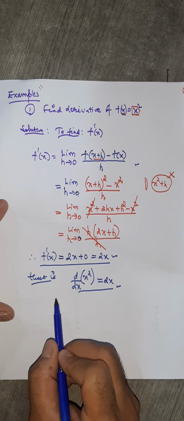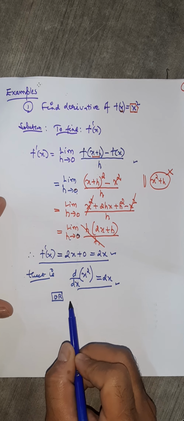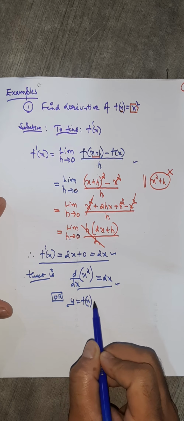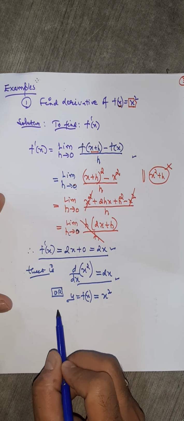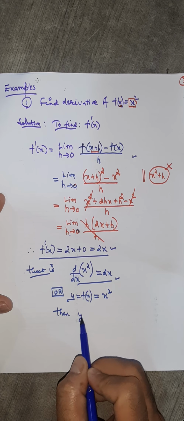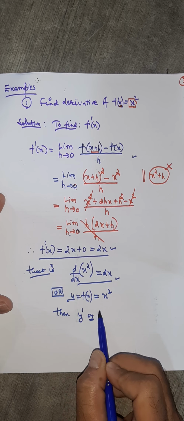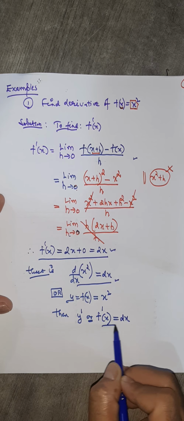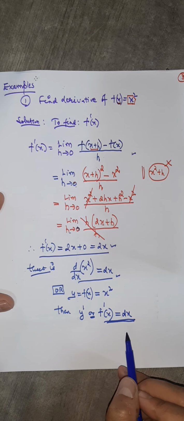Or you can write like this. All are standard notations. You can use freely any of these. If y equals f of x equals x squared, then what you have shown, you can write y dash or f dash x, which equals 2x. Fine, clear with the symbol?